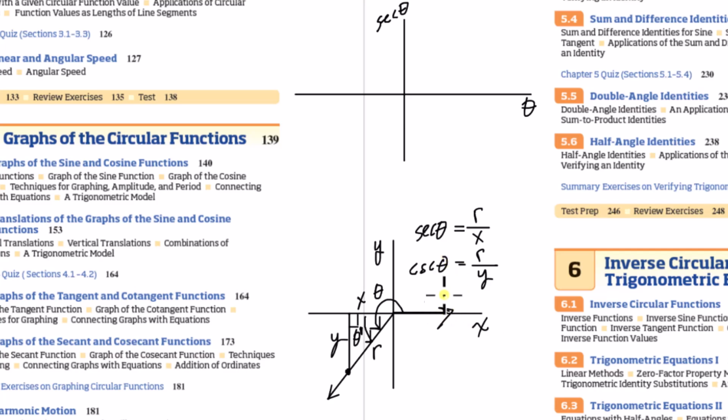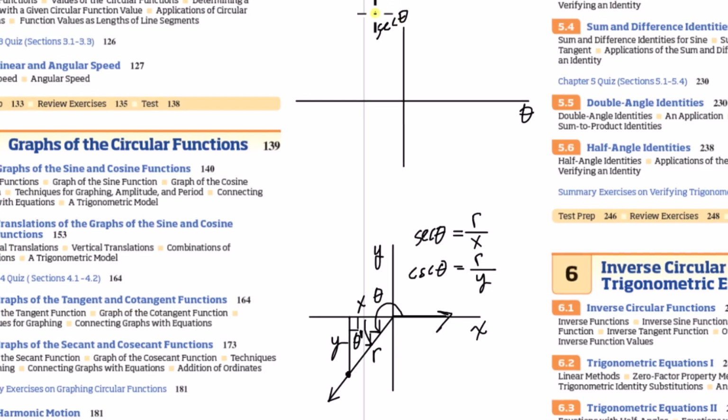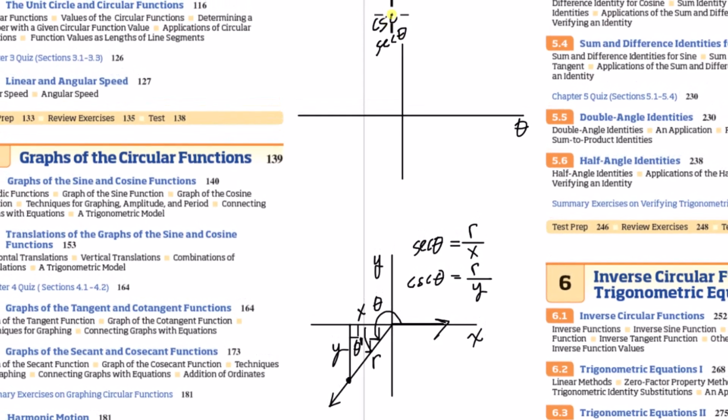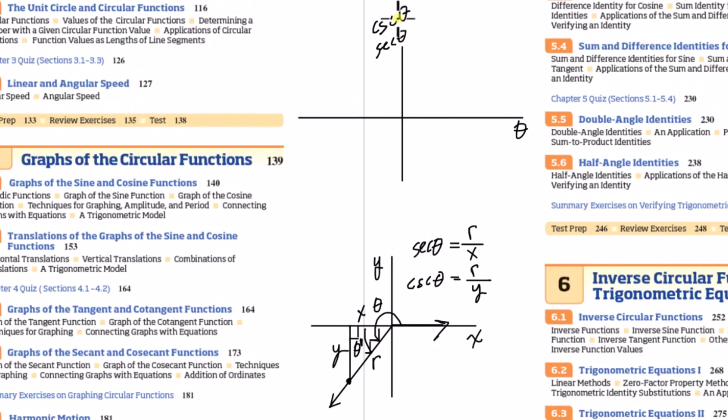All right, but thinking about secant and cosecant on the same graph. So thinking about secant, at theta equal to 0, x is equal to r, so you have r divided by r, secant is 1. And then as you increase from there, what's happening?